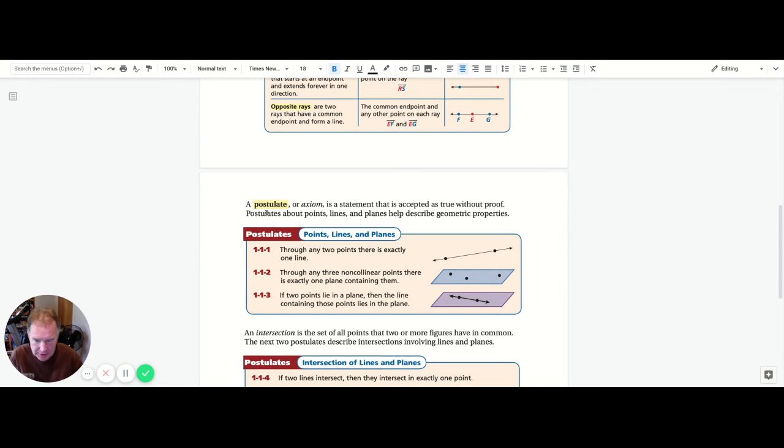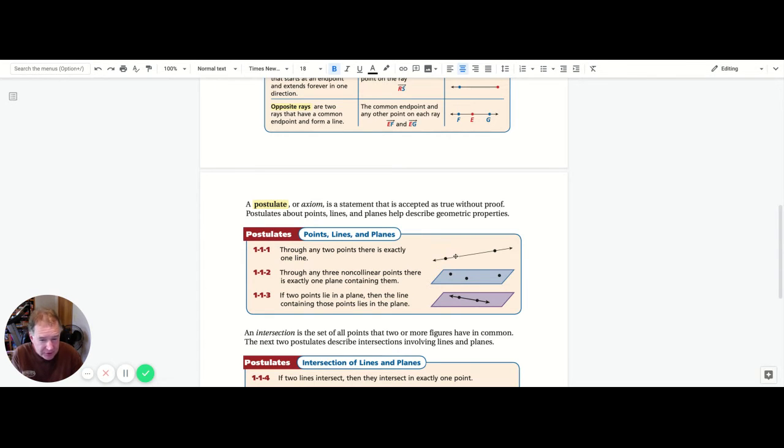A postulate. In geometry, postulates are statements that we have to assume to be true because they're obviously true. We say they're intuitive ideas, which means we understand them without an explanation. So like here, through any 2 points, there's exactly one line. It's not something we could prove.